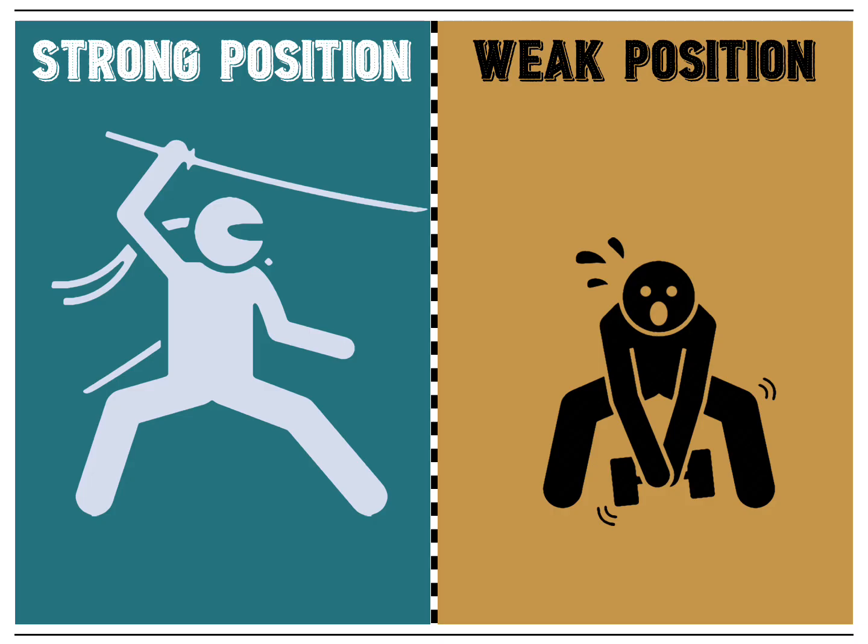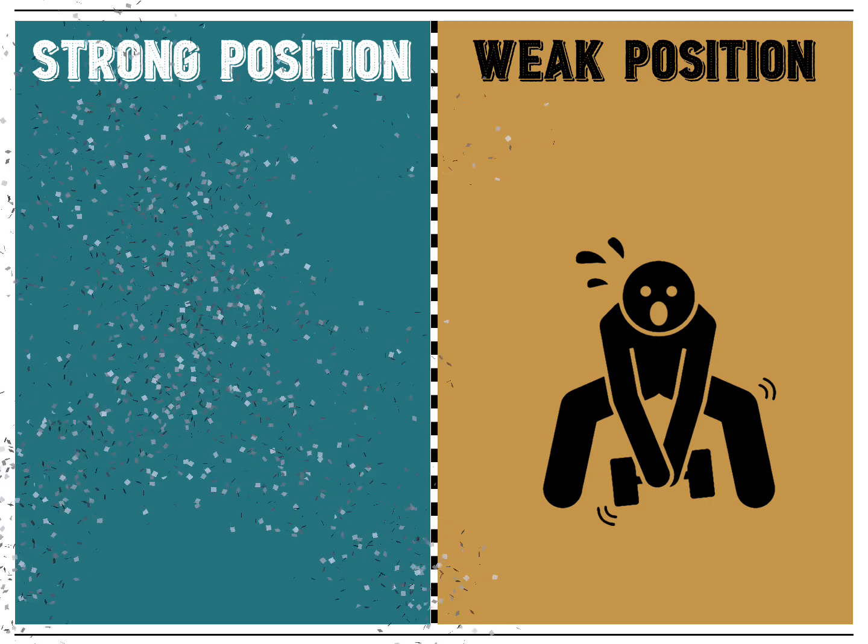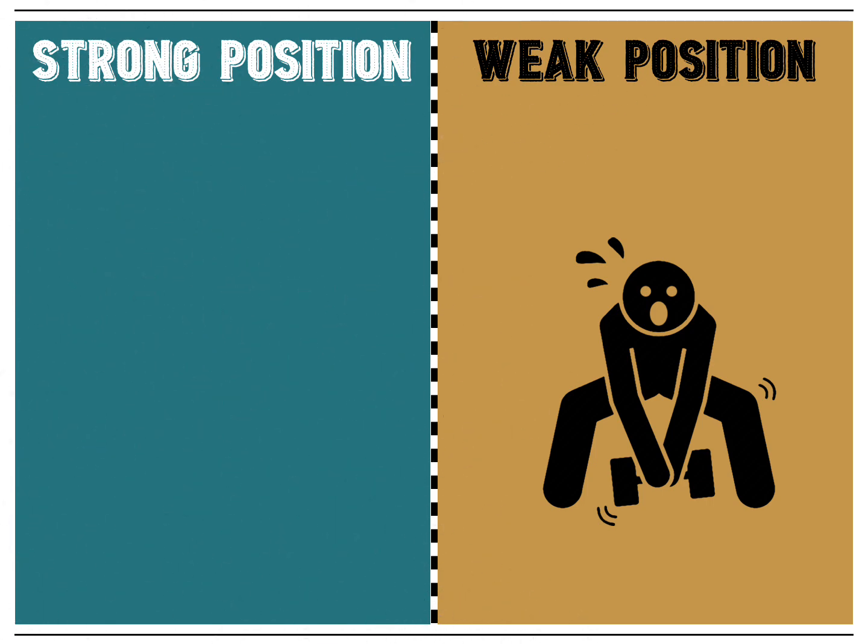Let's look further at what makes a strong position versus a weak position. A strong position: the author should have some level of expertise on this specific topic. So think back to those two introductory paragraphs that we looked at. That second one was written by an actual nurse who had experience working with children.